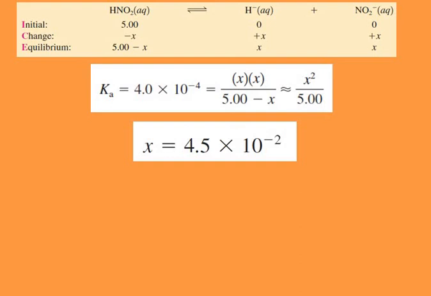To find the pH, we put it in the formula, negative log of 4.5 times 10 to the power of negative 2. So pH will be 1.35.